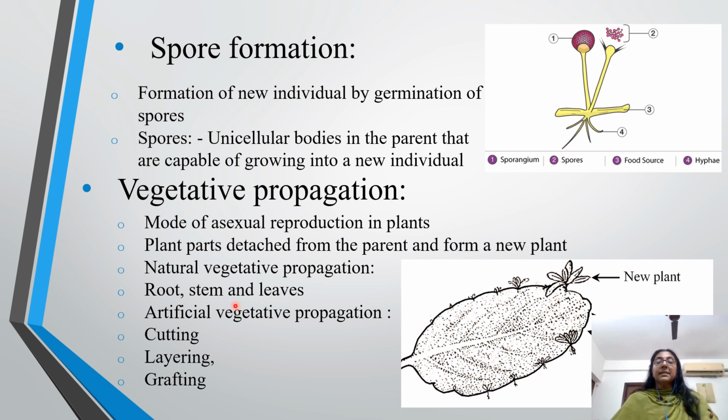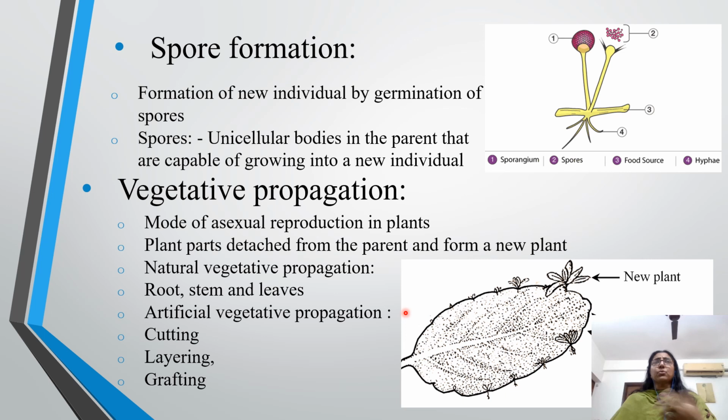So next, we need to pass on to vegetative propagation, a mode of asexual reproduction that takes place in plants when parts are detached from the parent plant to form a new plant.